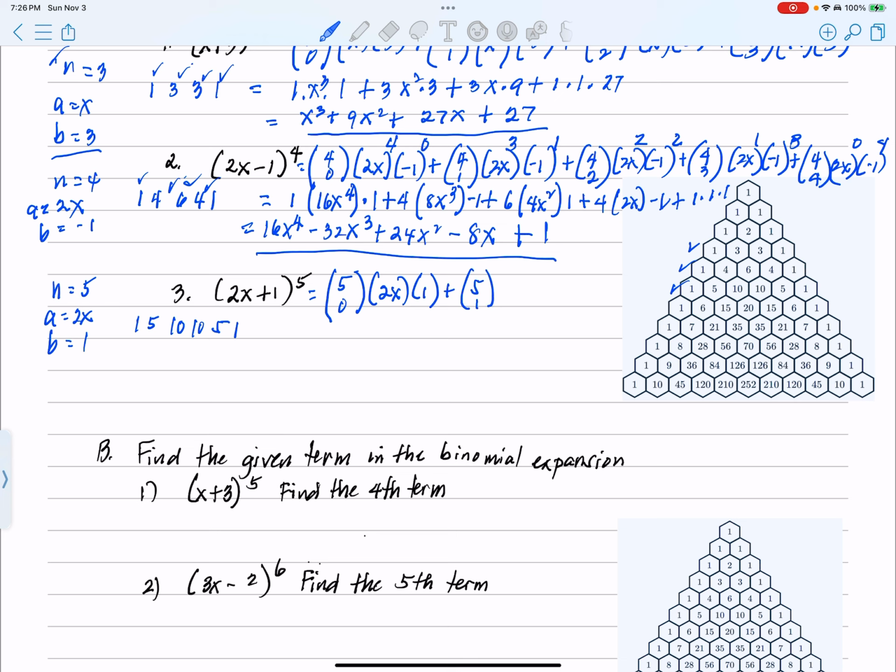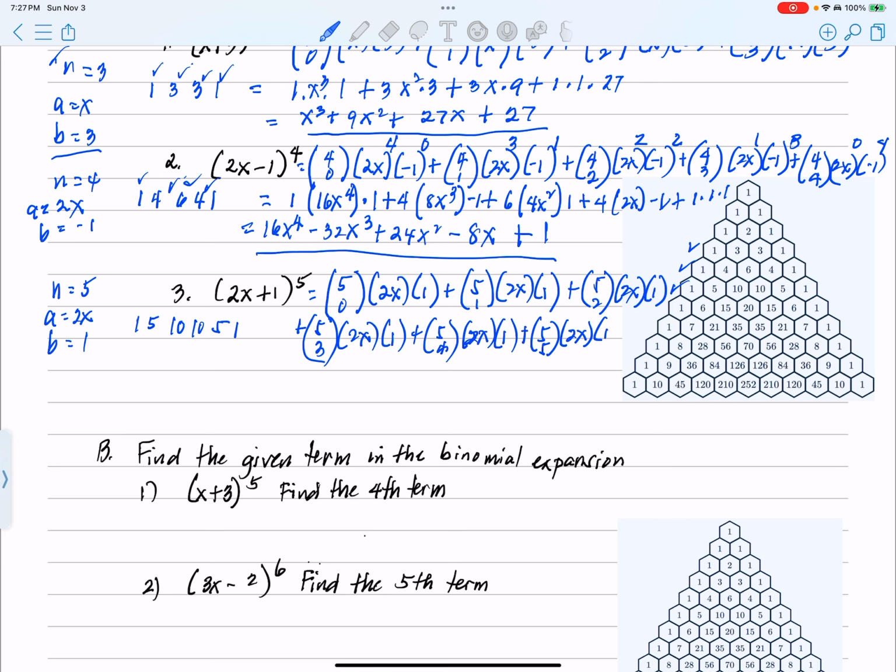I have 2x and 1 here. 5 choose 2, 2x and 1, plus 5 choose 3, 2x and 1, plus 5 choose 4, 2x and 1. 5 choose 5. I have 2x and 1.